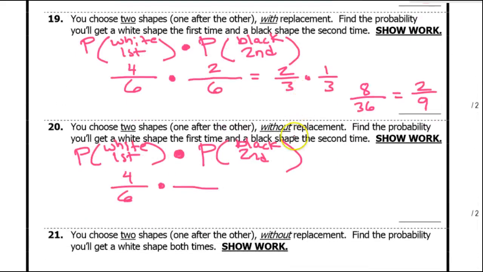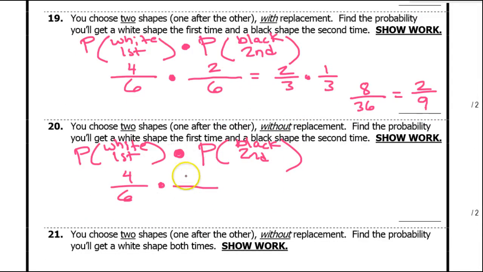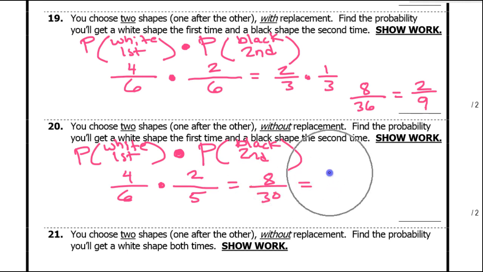So the probability for the second choice is going to be 2 out of 5. It was 2 out of 6 when we did replacement. It'll be 2 out of 5 if we don't put the first one back. So that's going to be 8 out of 30, which reduces down to 4 out of 15.